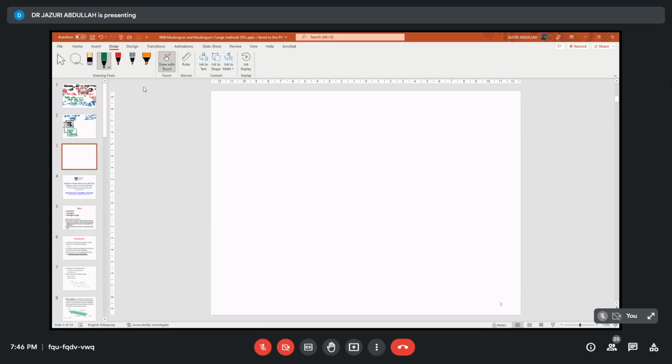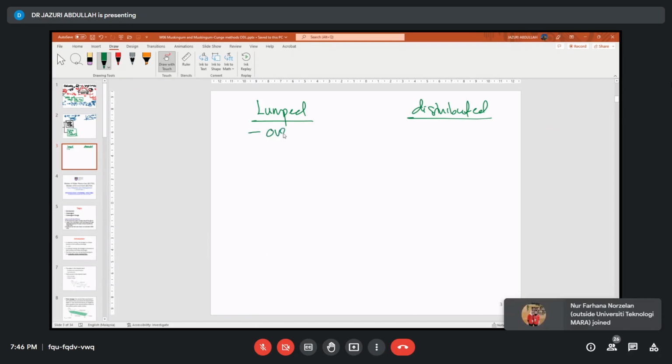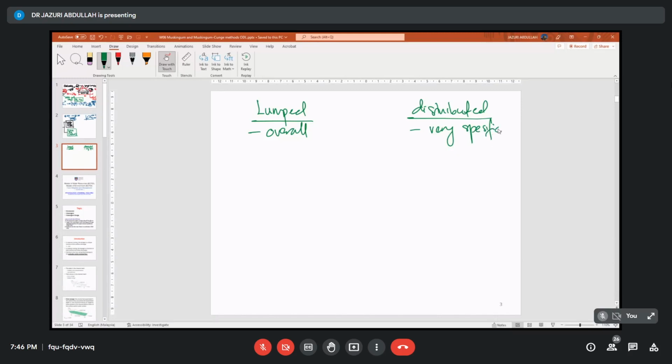Okay, so pertama kita akan tengok what is LAM, what is the distributed. Basically when we talking about LAM, kita akan cakap secara overall. Distributed ni kita panggil sebagai very specific, where kita akan tengok, for example, let's say if you have the catchment and then you have the river.